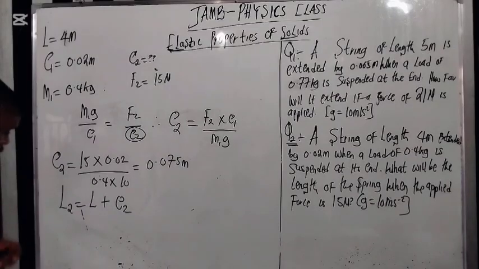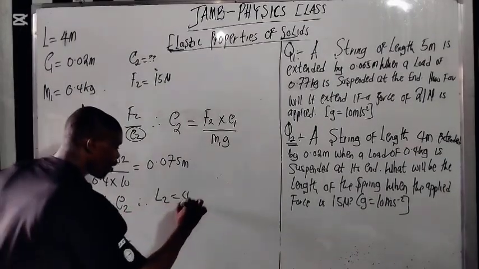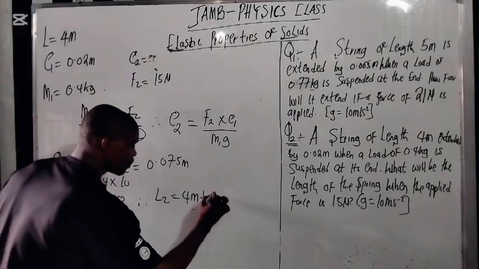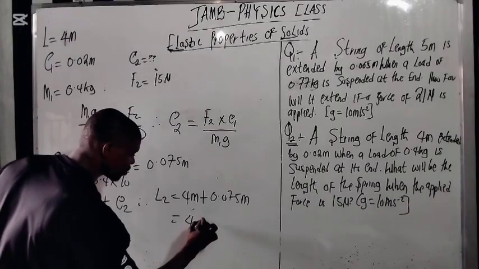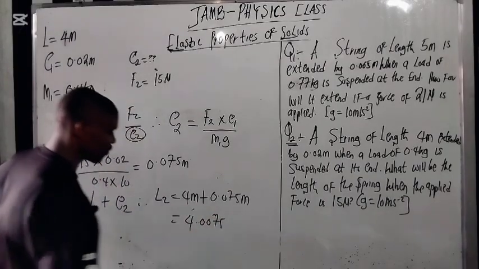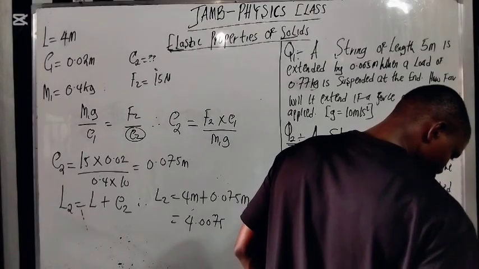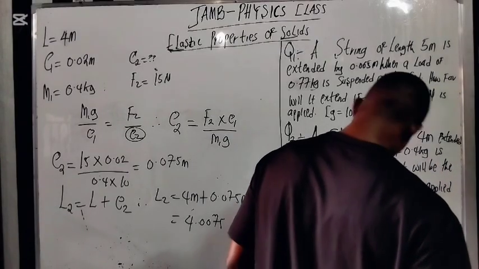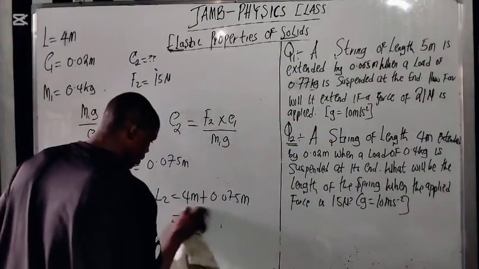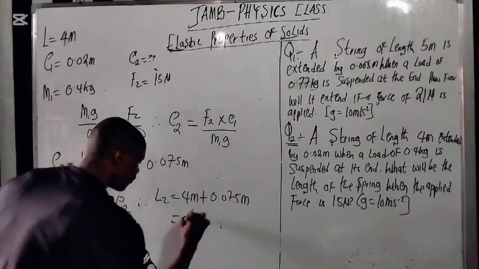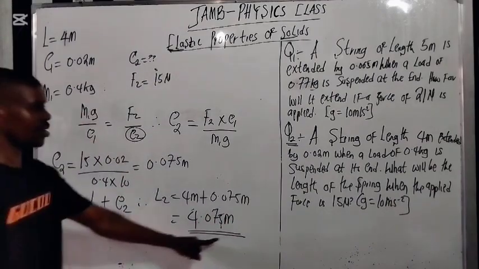Therefore, L2 equals 4 meters plus 0.075 meter. When you add them together, you get 4.075 meters.